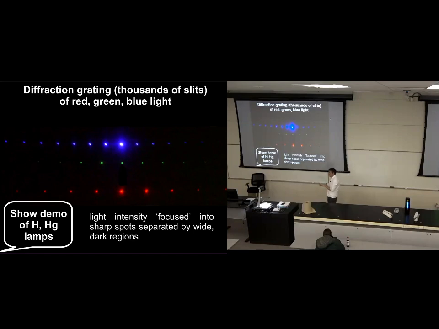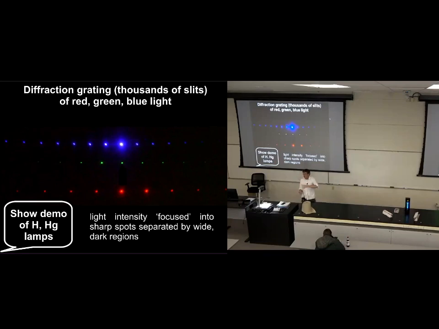When you have hundreds or thousands or tens of thousands of slits, we use a different name for that arrangement of slits. We don't say it's a multi-slit arrangement with hundreds, 1,000 or 10,000 slits. We call it what's called a diffraction grating. So grating means a huge number of slits.